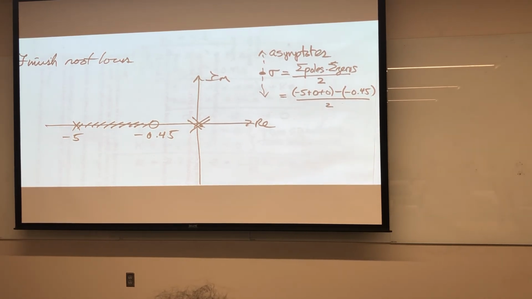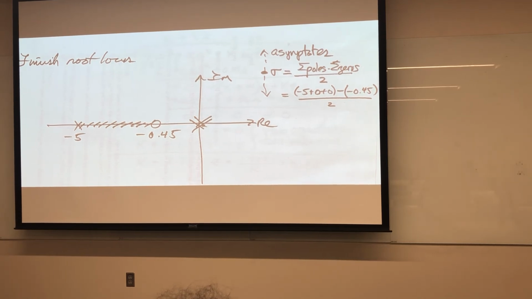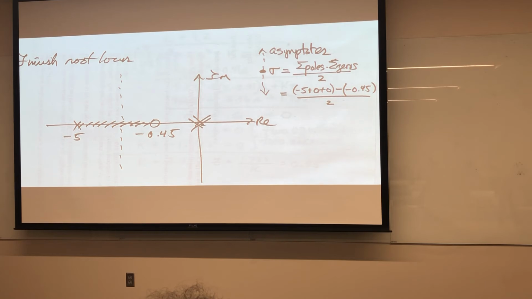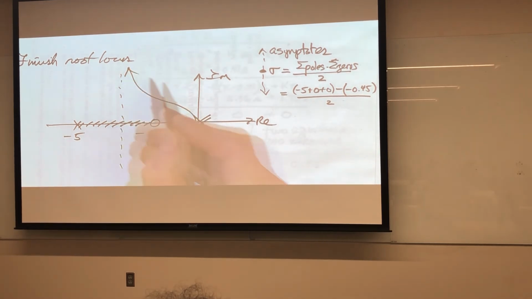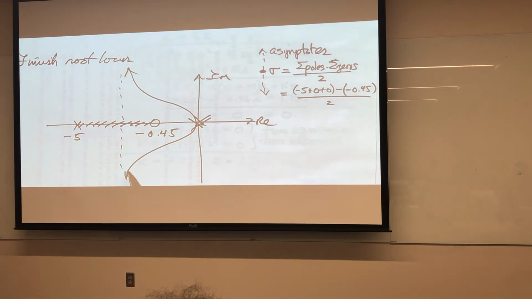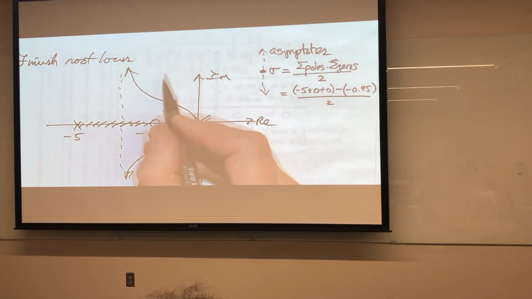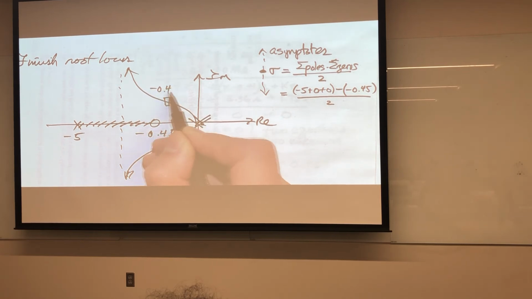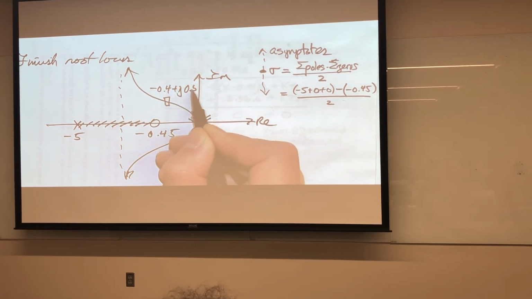That's about 5.5 over 2, roughly 2 3/4. So 2 3/4 is somewhere out here. I'm ballparking it, okay? So the root locus probably looks something like this. And if we've done things right, then here's S star, -0.4 plus j 0.5.